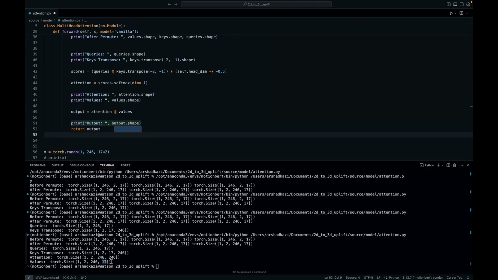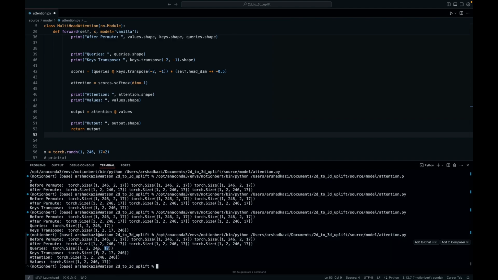This will represent that now I have the entire context in my head, and I'm combining that into the head dimension, that is 17. So where we started was with the queries and keys, where we have the context and the head dimension.